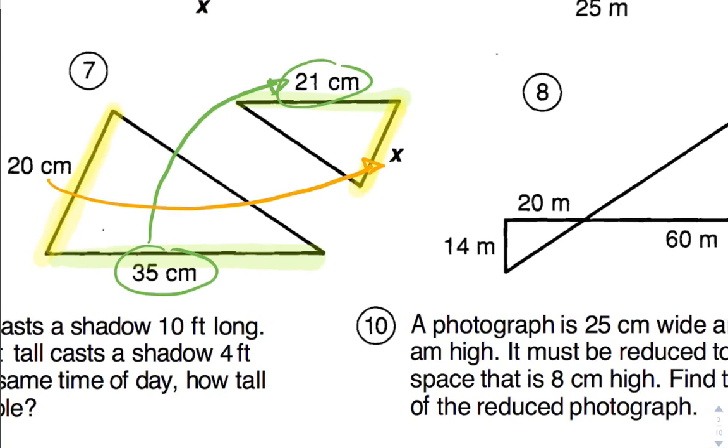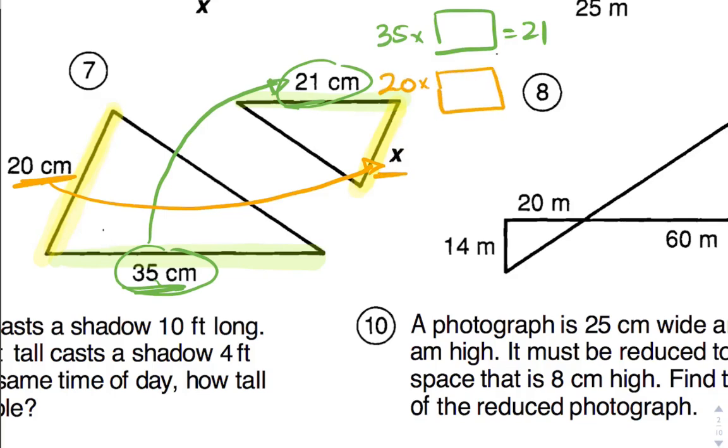I know that 35 times something equals 21, and when I do that, that should match my 20 to X. That means 20 times the same something, these two should be exactly the same, will equal my X value.